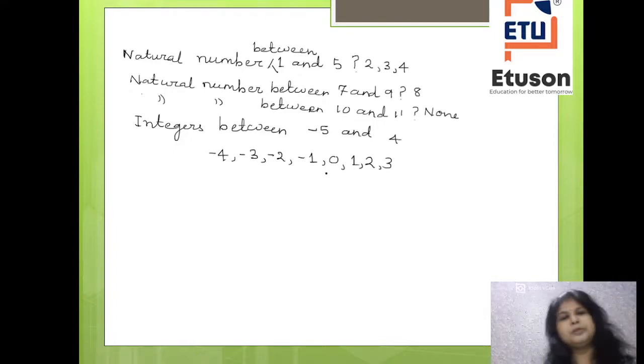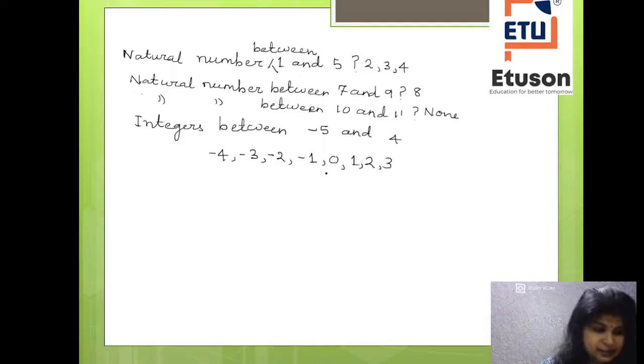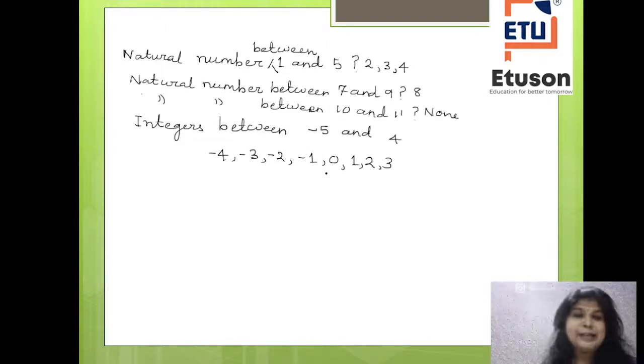So by observing the above questions, what is the common thing you can find out? The common thing is, in case of natural numbers and integers, we find a definite number of natural numbers and integers in between two numbers.